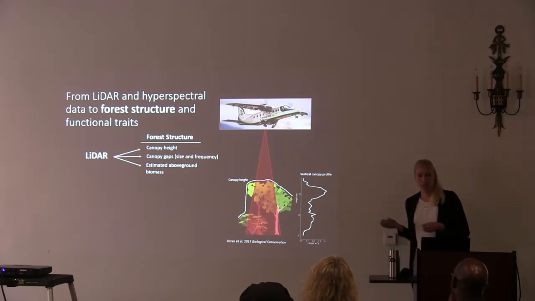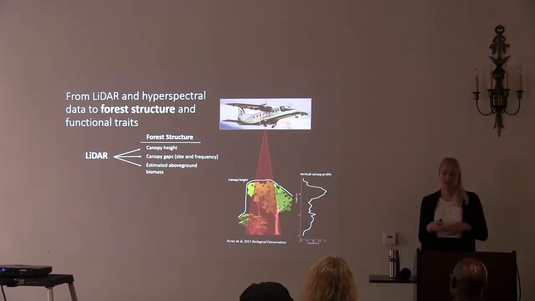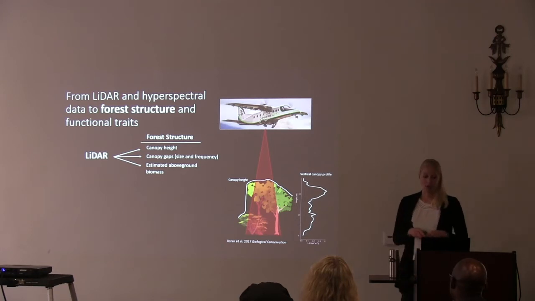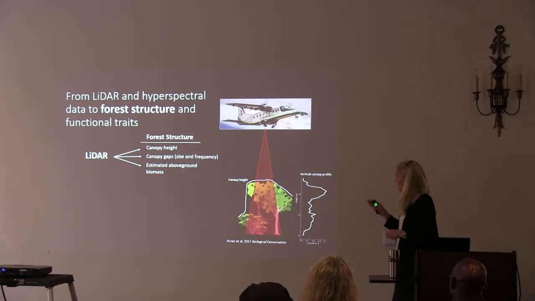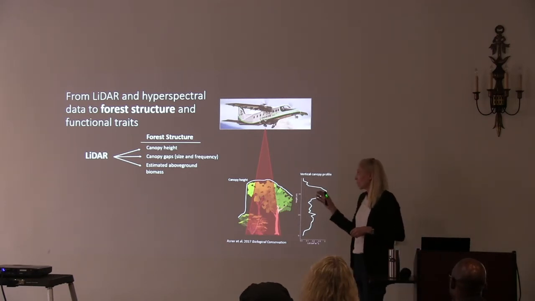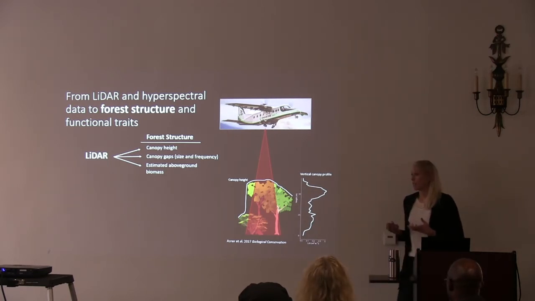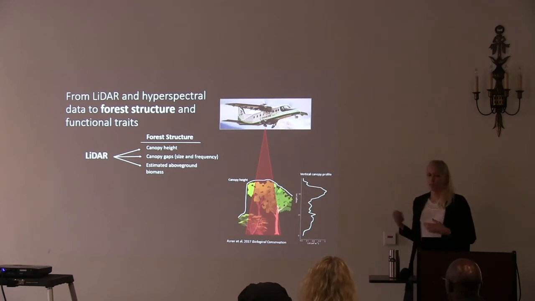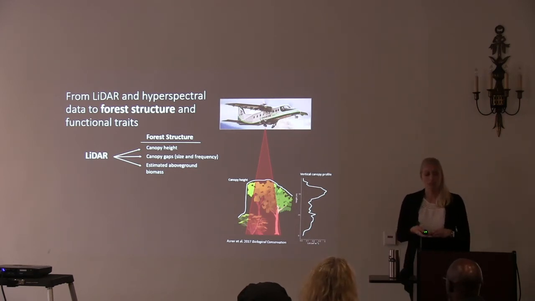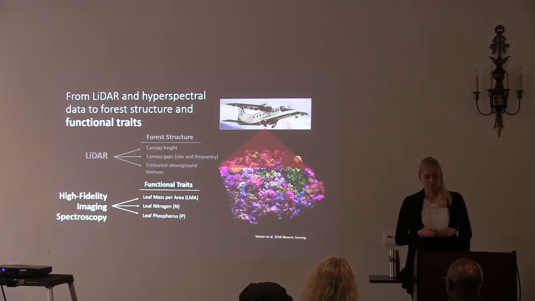And this was an effort led by Greg Asner and the entire team that helps to run the Global Airborne Observatory. So the forest structure data that we were able to use comes from the LiDAR information. And specifically, I'm looking at canopy height, canopy gaps, both in terms of the size and frequency of those gaps, and estimated above ground biomass, which we're able to estimate using allometric relationships from the LiDAR data.